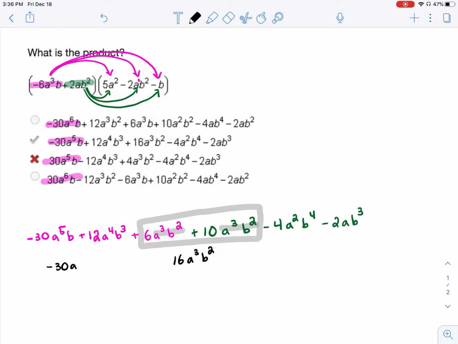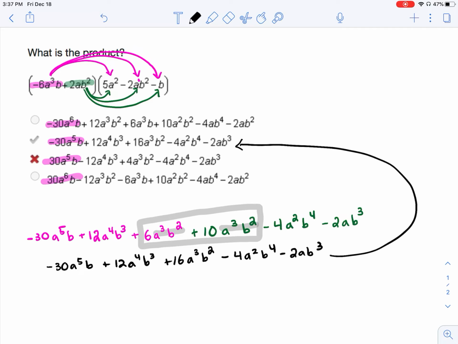Negative 30a to the fifth power, b, plus 12a to the fourth power, b cubed, plus what I simplified earlier, minus 4a to the second power, b to the fourth, minus 2ab cubed. And then you can go back to the answer choice we were going to pick initially, and you'll notice everything matches up perfectly.